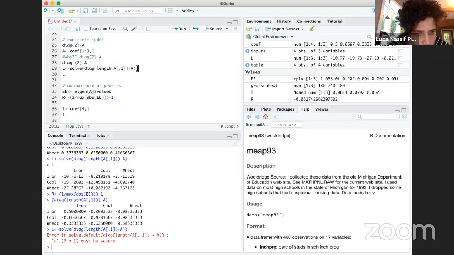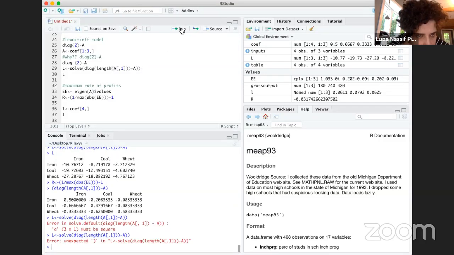Why is it not squared? It is squared. A 3 by 1. Now you have a problem with a diag. Length, close a parenthesis there again.